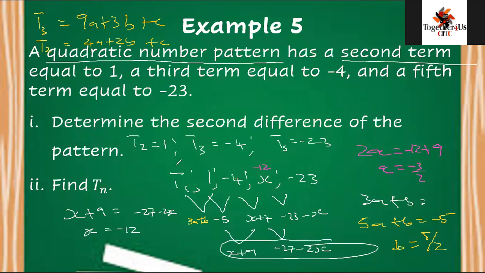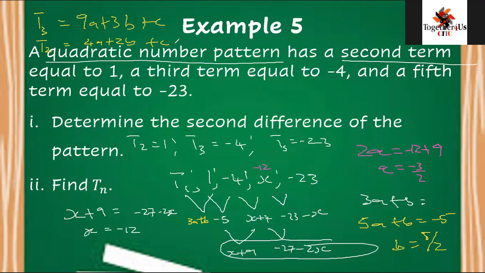Now, what about c? For c, again, we are not going to use a plus b plus c because we don't know what T1 is. We can't really get T1 because we don't have all the constants a, b, and c. So we must now use T2. So what is T2? I've written it for you there.